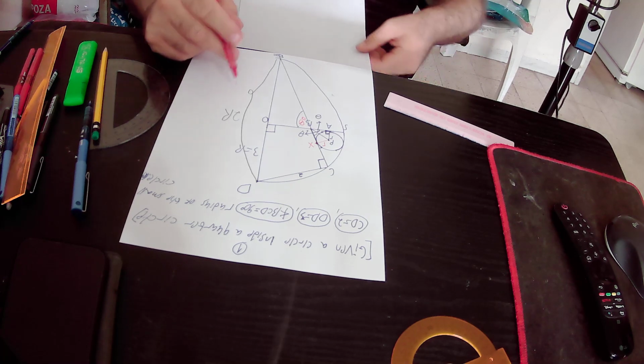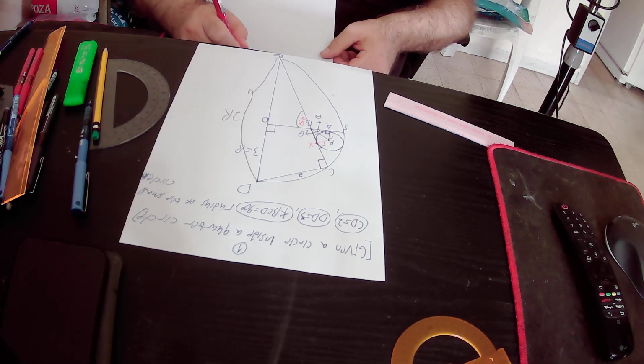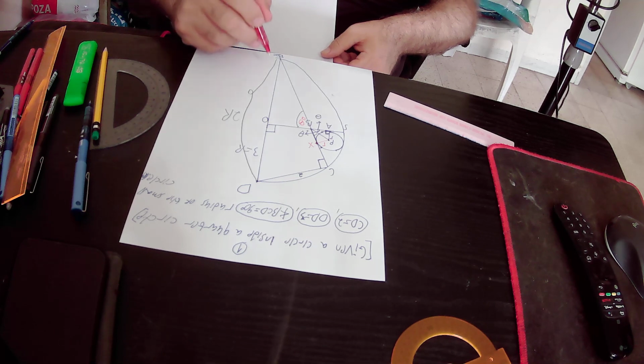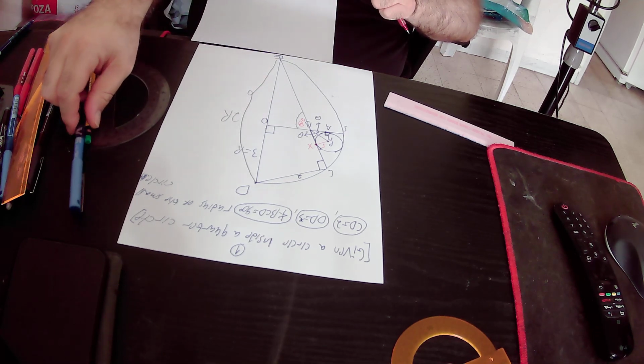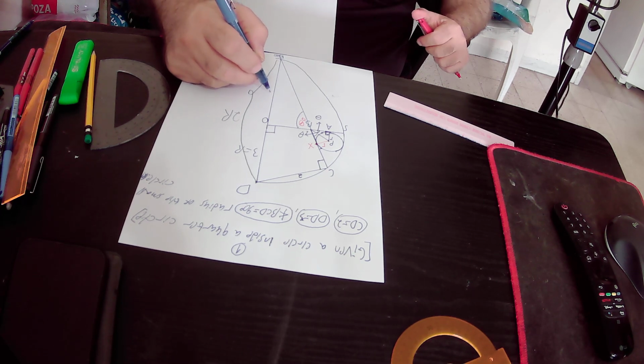We know that DE equals 2R and DO equals R, so 2R minus R equals R. So OE is the radius of the semicircle.